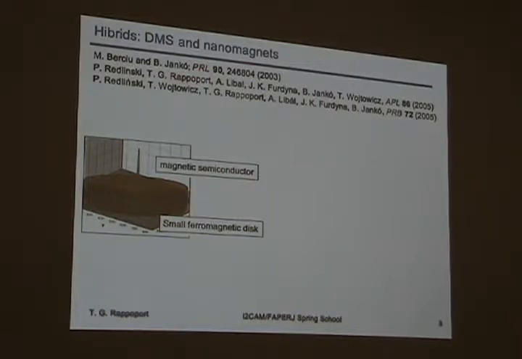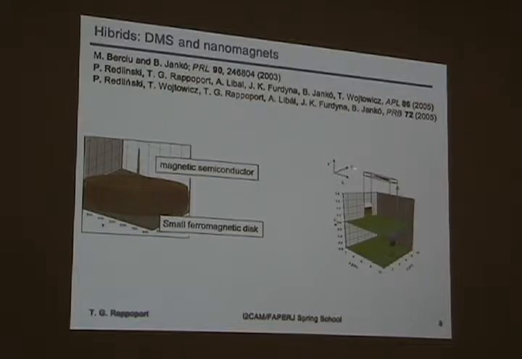But we could also use a different geometry for the magnet. For example, this rectangular magnet with a magnetization in plane. It goes out of plane in these two regions, the borders. And then if you think about a DMS on the top of it, you trap the carriers, but now in only 2 dimensions.